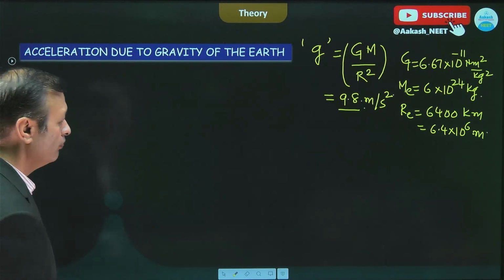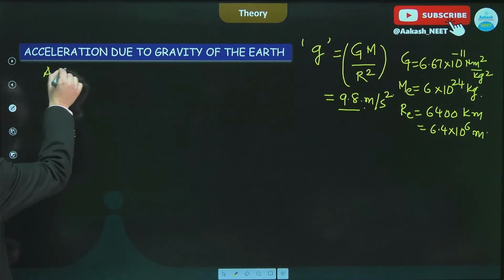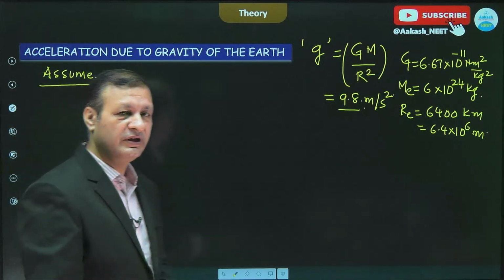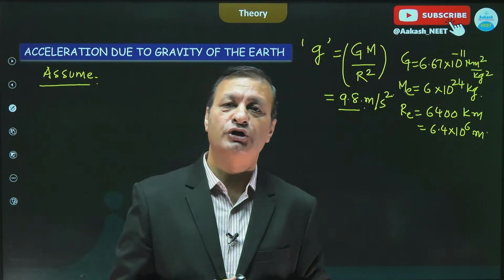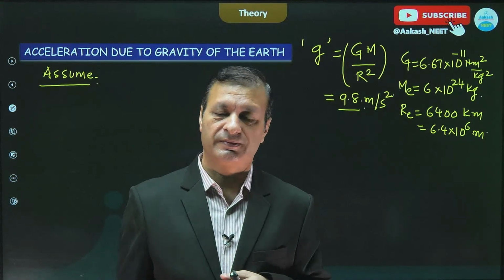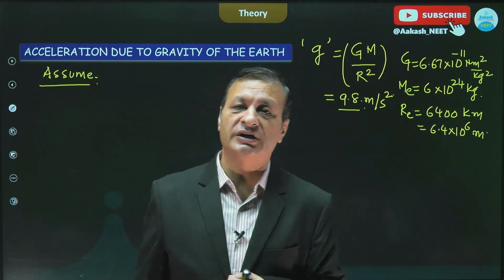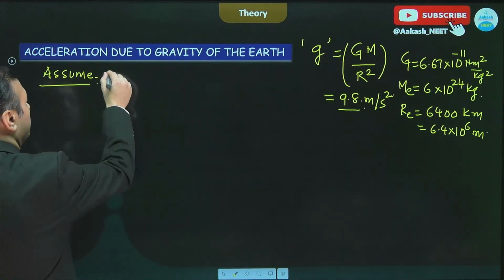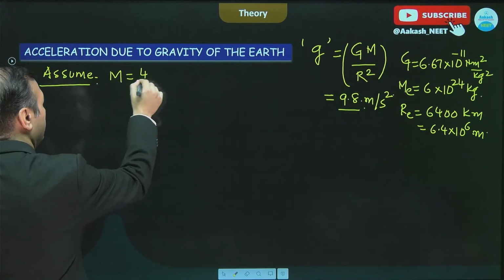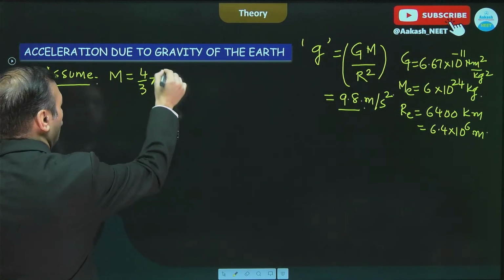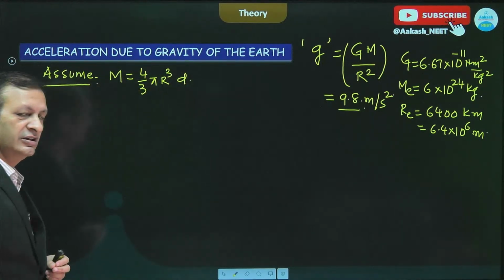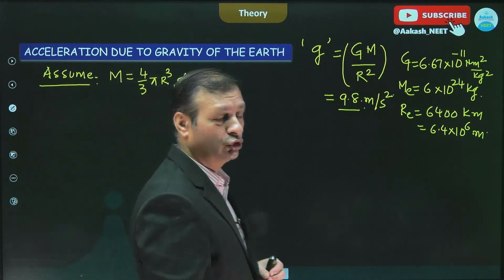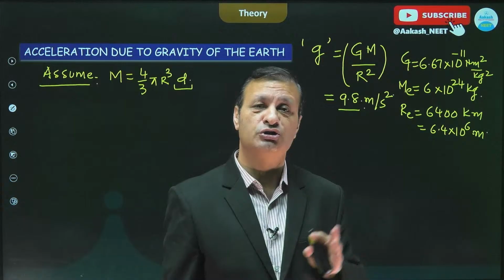Now, if you assume Earth to be a sphere of uniform density, then mass of Earth can also be written as its volume into density. So this density D is assumed to be uniform throughout. It is an assumption.